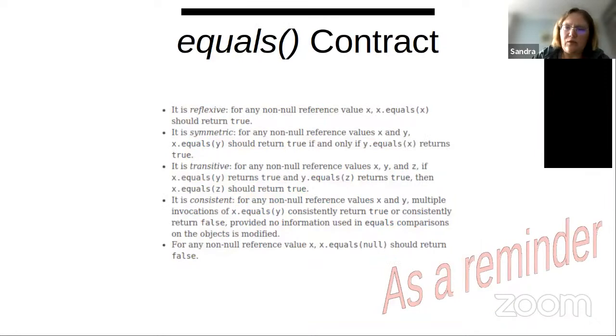As a reminder, what's important? When you look at the Javadoc of Object equals and hashCode, there are some contracts. Every equals method needs to follow some rules: be reflexive, symmetric, transitive, and consistent.